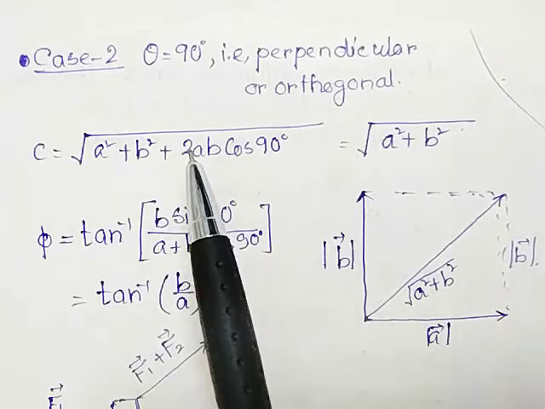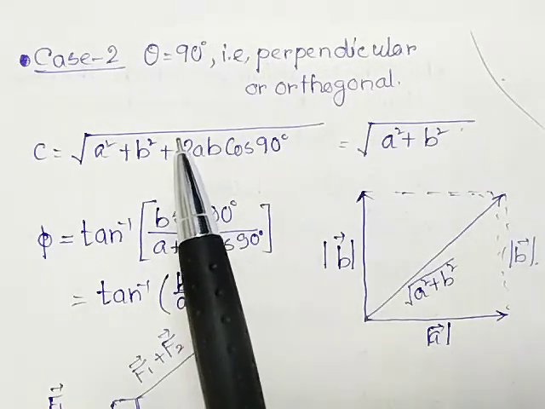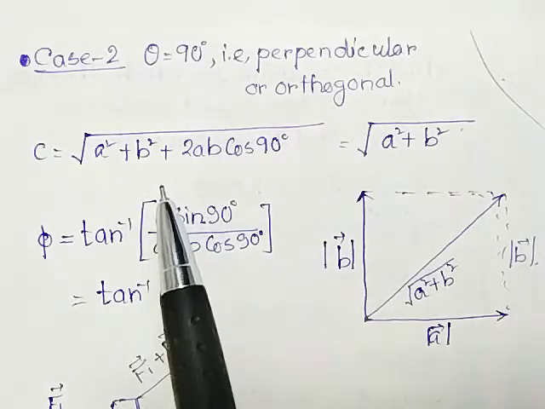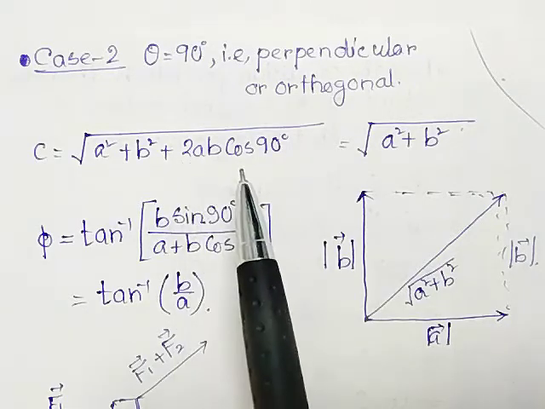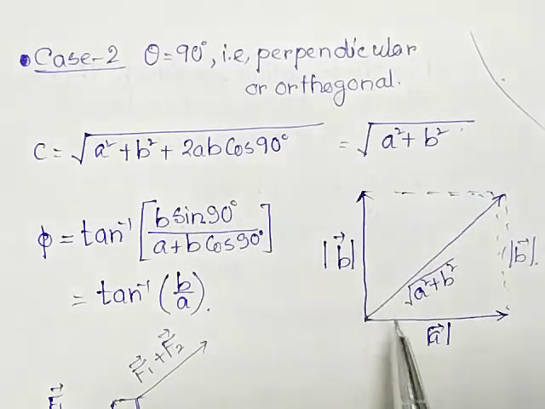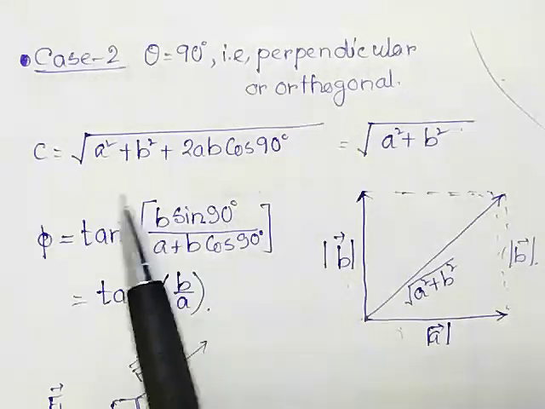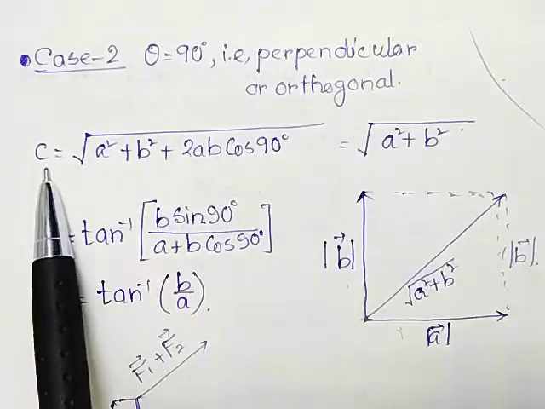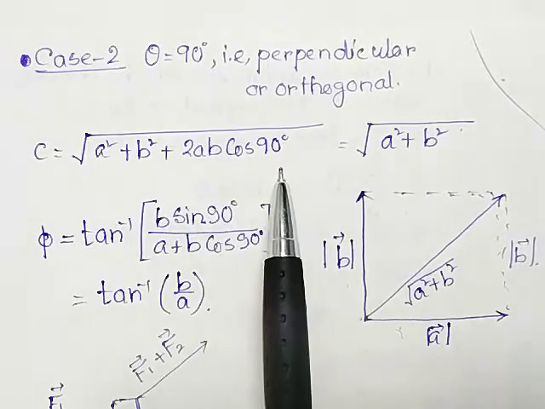Now theta is 90 degrees. That is, the a vector and b vector are perpendicular to each other, so we can say they are orthogonal to each other, just like this. Then if I replace theta equal to 90 degrees in the equation, the resultant becomes c equal to root over of a square plus b square plus 2ab cos 90 degree.